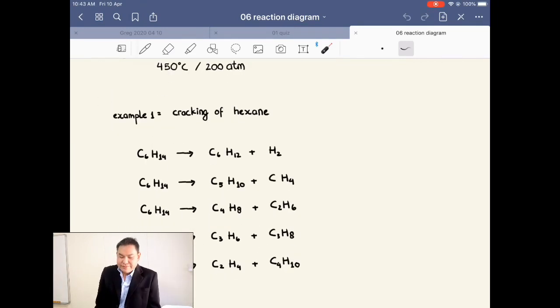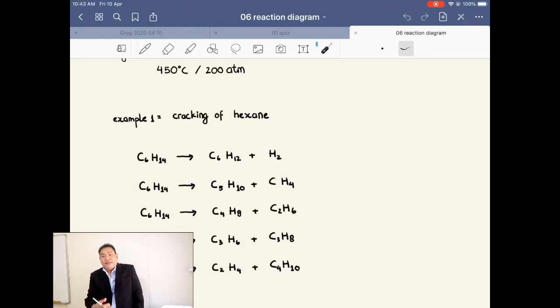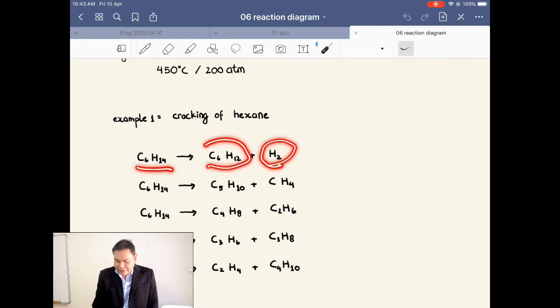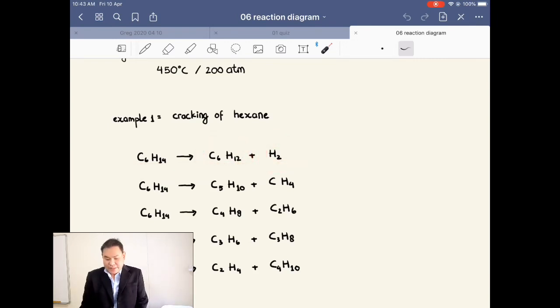And for an example of a cracking reaction, see example 1, cracking of hexane. Hexane is 6 carbon. There are many ways you can break it up, and it's random. You can break it up to produce hydrogen, and the remaining one will produce C6H12, which is called hexene, right?